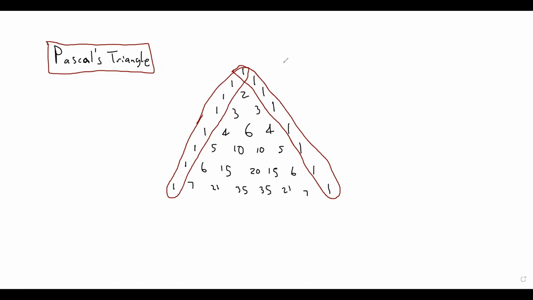is that you got 1, 2, 3, 4, 5, 6, 7, and you also have 1, 2, 3, 4, 5, 6, 7.